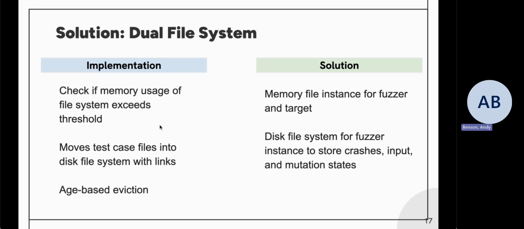If this is the case, test cases are moved into the disk file system and they are replaced with symbolic links to the corresponding locations in the disk. This is done in an age-based model since earlier test cases are likely to have lower coverage and are less likely to be reread. So this change involved several hundred lines of additional code to the fuzzers directly as this was done outside of the Linux kernel.